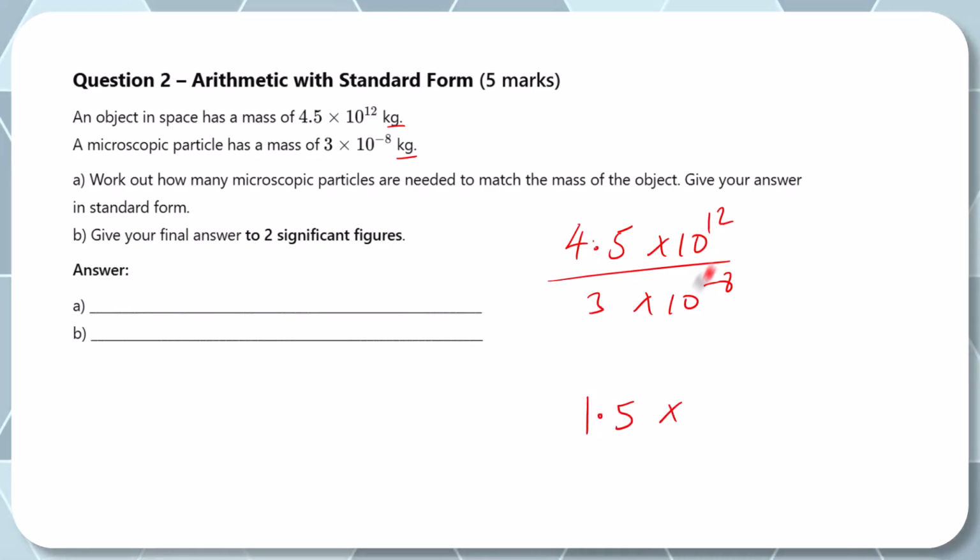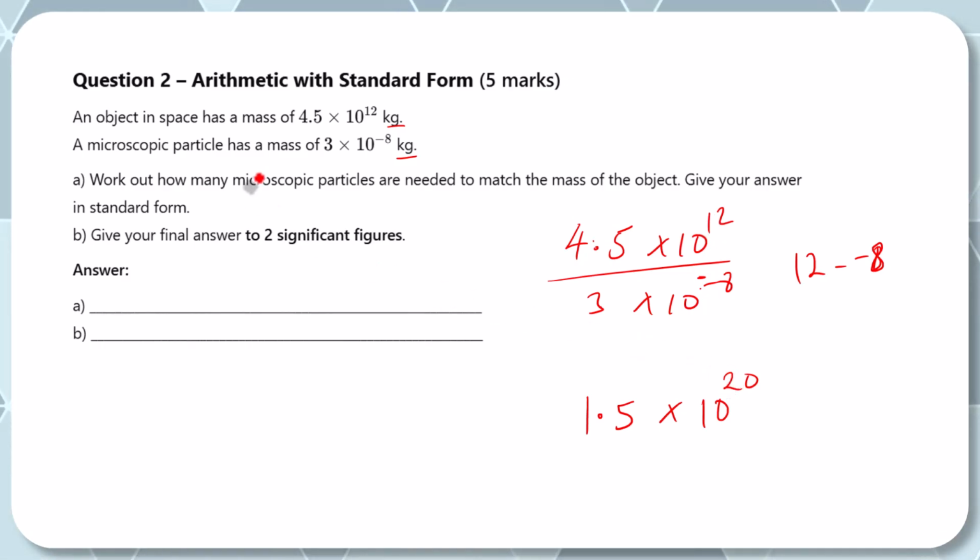And now when I do this by that, the powers subtract. So 12 take away negative 8 becomes like you're adding them now, so that's going to be 20. And that's the answer. So when you're dividing indices, you subtract the powers. That's that.